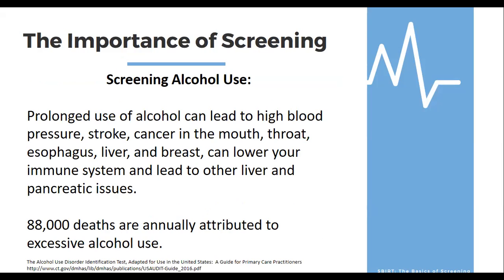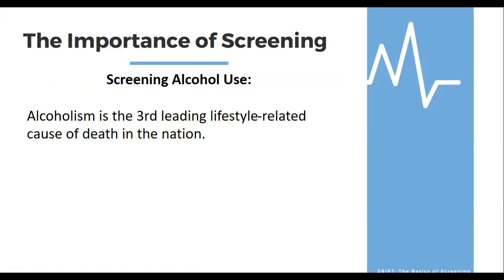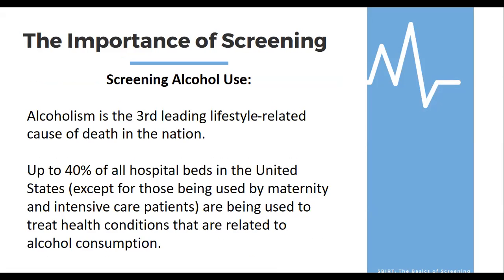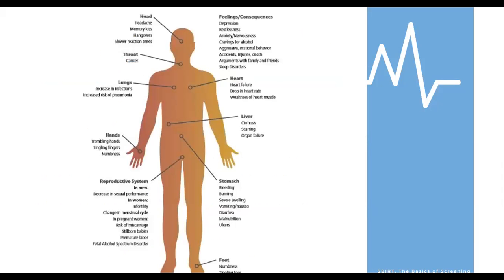They give a lot of facts, like the 88,000 deaths. All of this section's on alcohol. So say the clinic, this is what they want to work on. This would be a section of this presentation that you could share with them if you needed a resource.